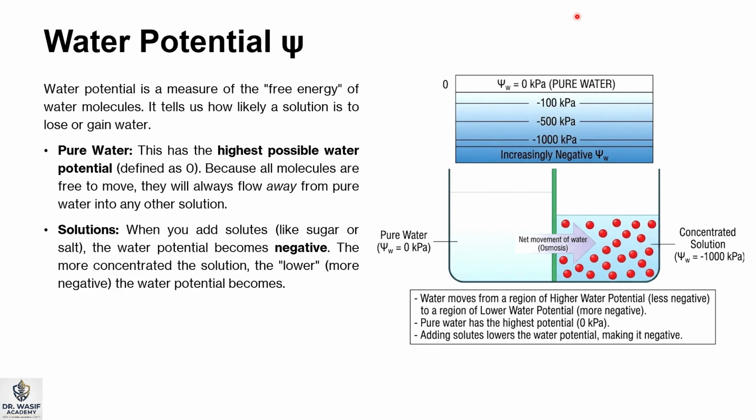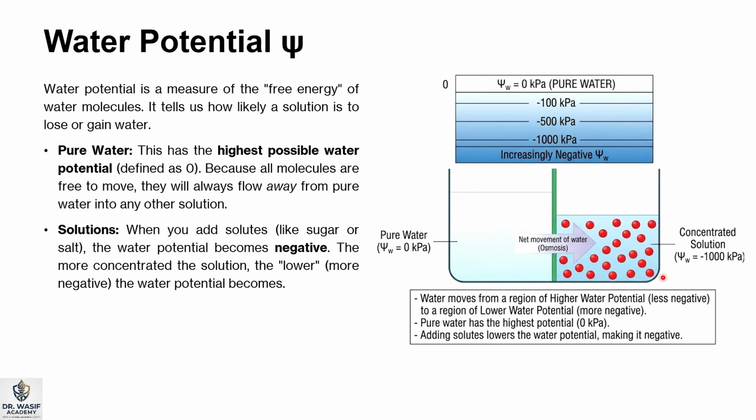Now what happens when we add solutes like sugar or salt to this pure water? As we saw earlier, solutes capture water molecules. When they capture water molecules, this reduces the free energy. And because 0 is the maximum, adding solutes pulls the number down into the negatives.